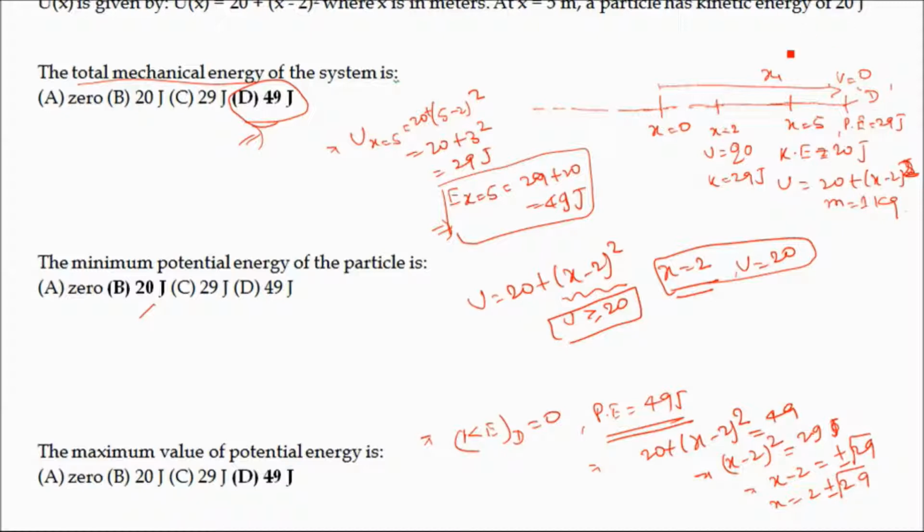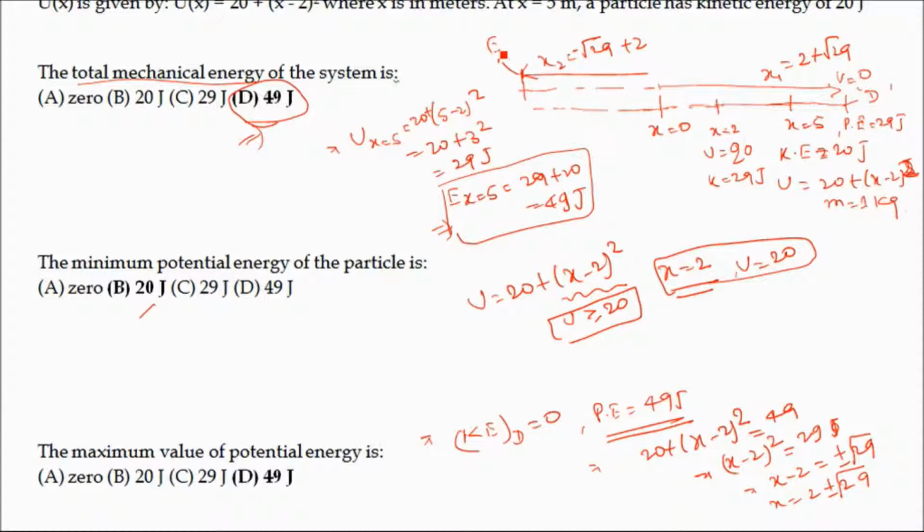So if we consider this side, then x1 is equal to 2 plus square root 29, and similarly if I come to the left-hand side, we consider this point as point x2, and x2 is equal to 2 minus square root 29, the point at which the kinetic energy will be equal to 0.